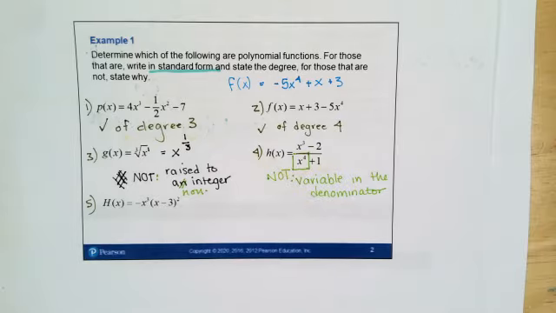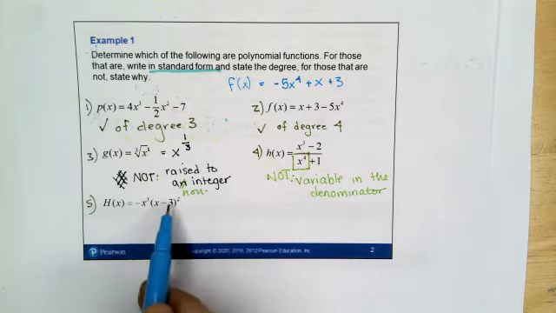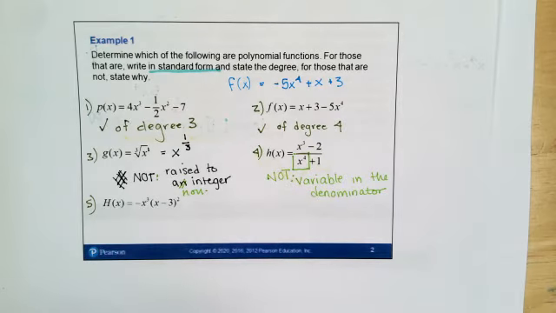Letter number 5 is h of x is negative x to the third times the quantity x minus 3 squared. Okay. I don't see any fractions, right? I don't see any non-whole numbers, and I don't see any negatives as my exponents. So this is an example of a polynomial function. It's not in standard form yet, right?